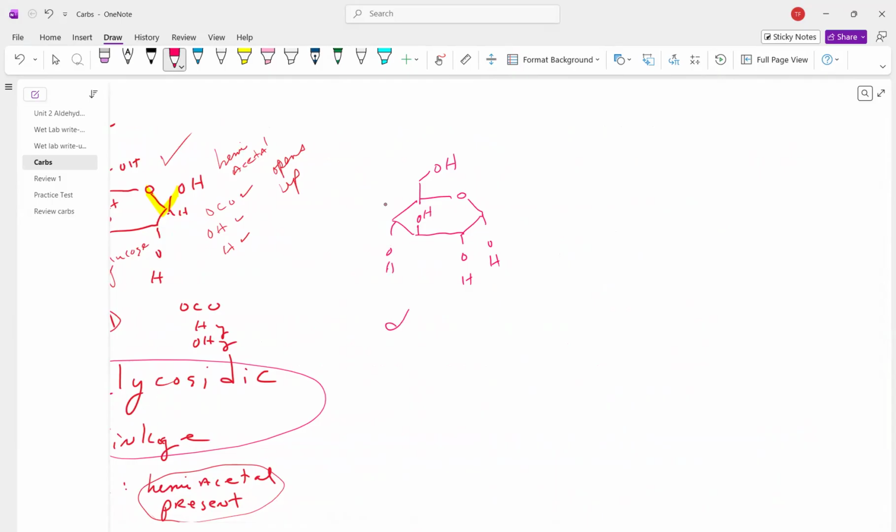Okay, so this is going to be alpha glucose. And we're going to put that together with another glucose. Let's make this one a beta glucose.